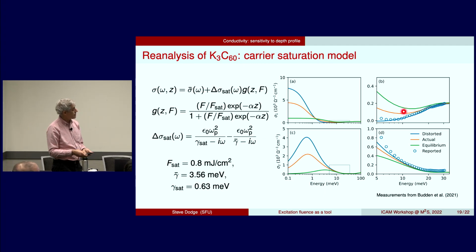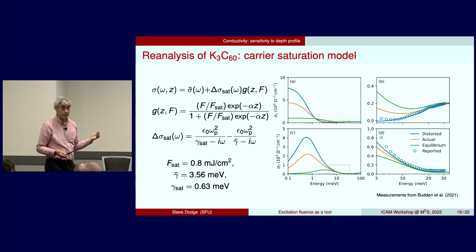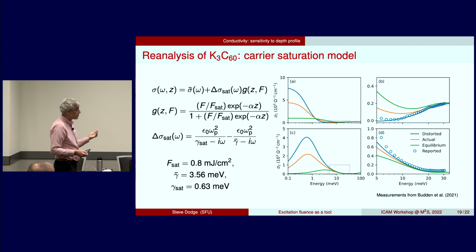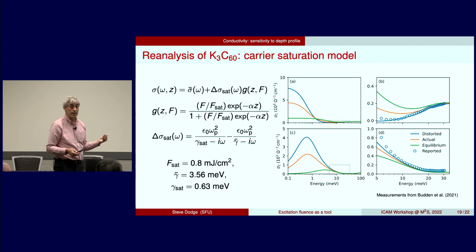And what you see is that the actual value lies significantly away from the distorted curve. And if you extend it out to lower frequencies, what you find is that the scattering rate of the saturated value is significantly smaller than the equilibrium scattering rate, but smaller by a factor of order 10.